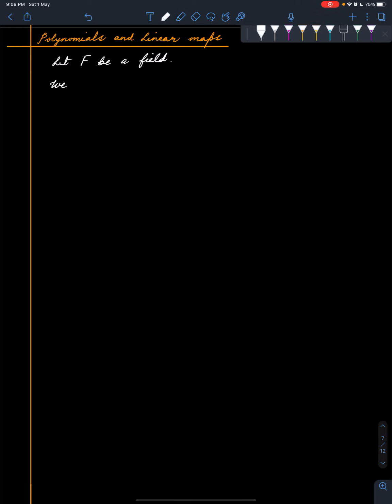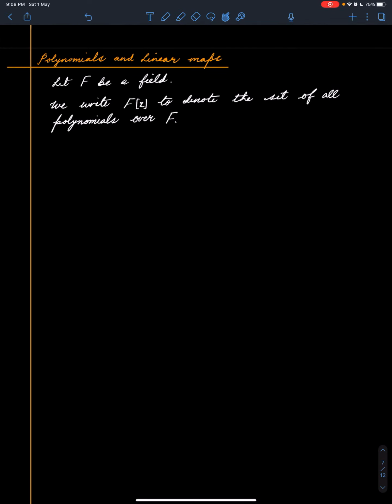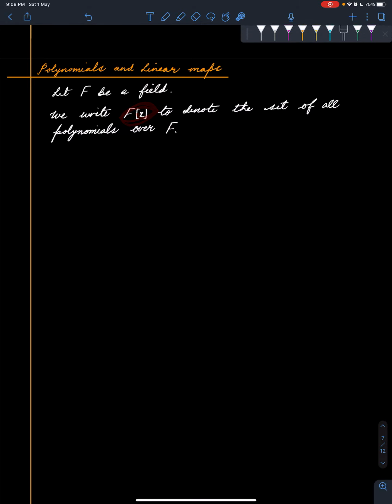We write F[x] to denote the set of all polynomials over F. Recall that our notation F sub n of x denoted the set of all polynomials over F of degree at most n, but this notation means all polynomials, with no constraint on the degree.